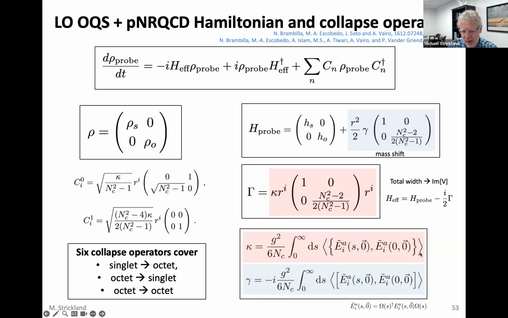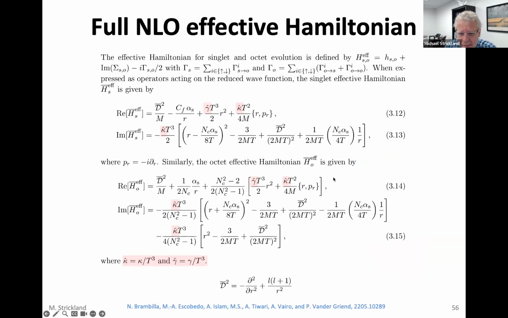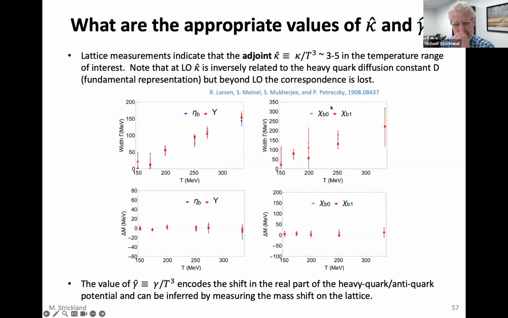And I'll focus, I think I do both here. So this is a paper from 2019 from Larsen and company, the group at BNL, where they use non-relativistic QCD, but now put into a lattice calculation to calculate the widths, in this case of the upsilon state, as a function of the temperature, and also this mass shift as a function of the temperature.